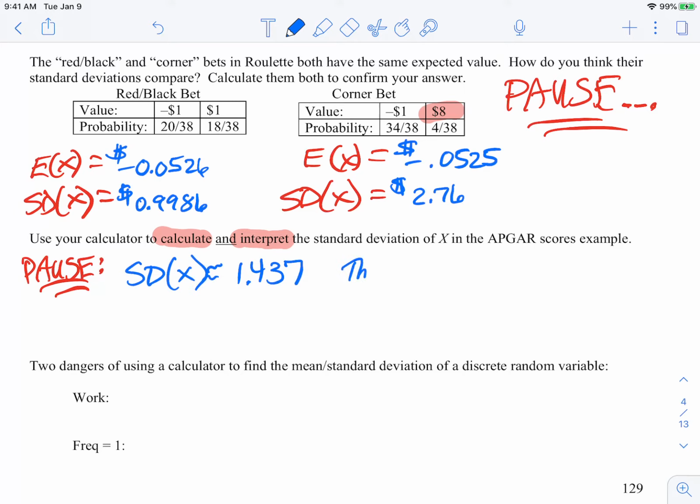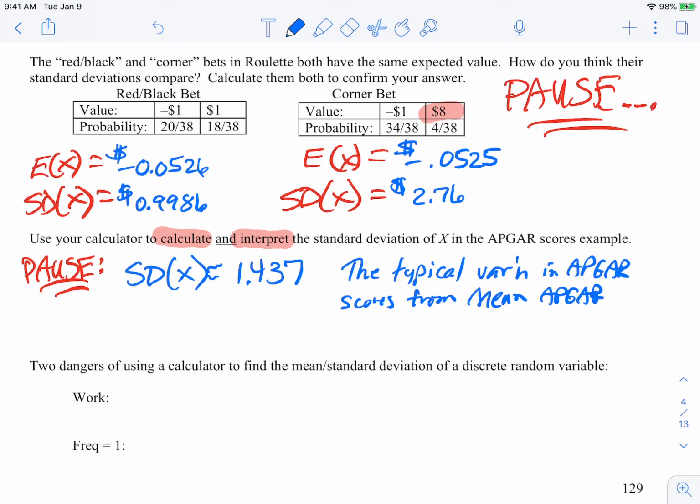But we can still say something like the typical variation, or if you like, the average variation, in APGAR scores from the mean APGAR score, which was just a little over 8, if you recall. So the typical variation in APGAR scores from the mean APGAR score of 8.128 is approximately 1.437.